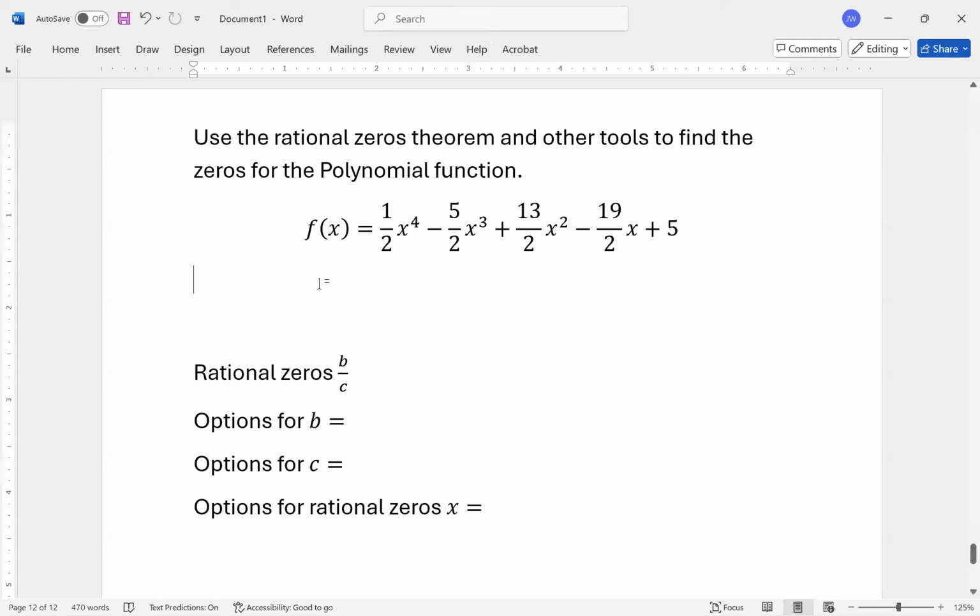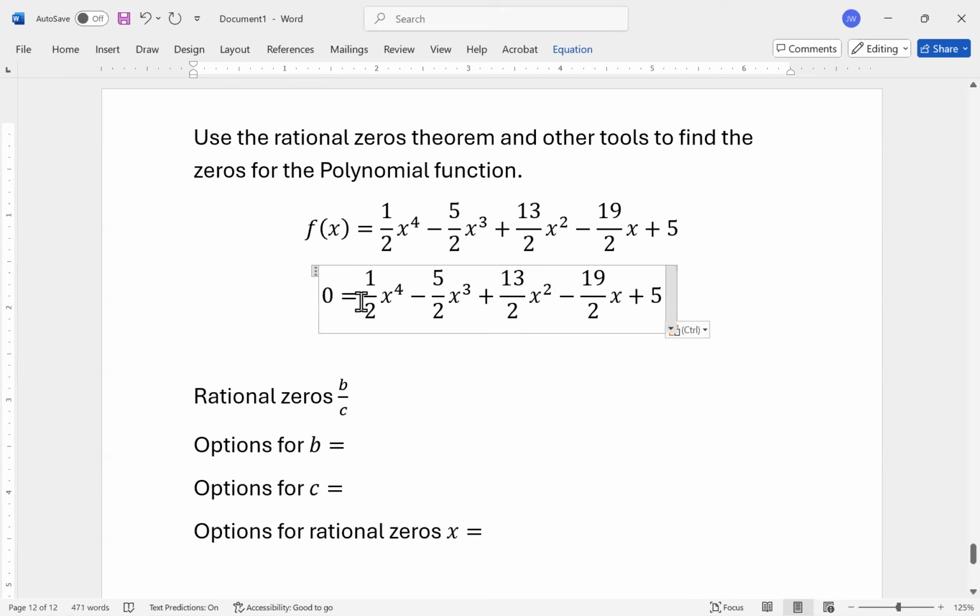Now, what I would do is, first off, I have to realize that I'm really setting 0 equal to this polynomial, and I want to solve this equation here. That's how I find my zeros. So it's perfectly fine if, instead of using the actual original f of x, I multiply both sides by a 2. Or you could think of factoring out a 1/2 for my f of x.